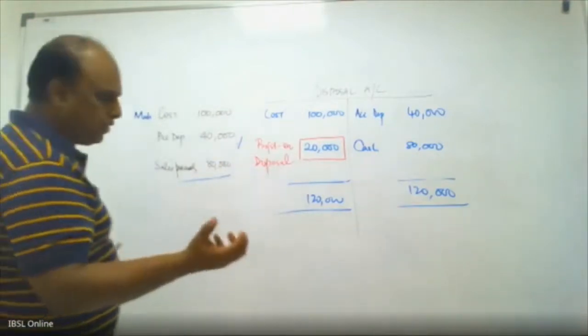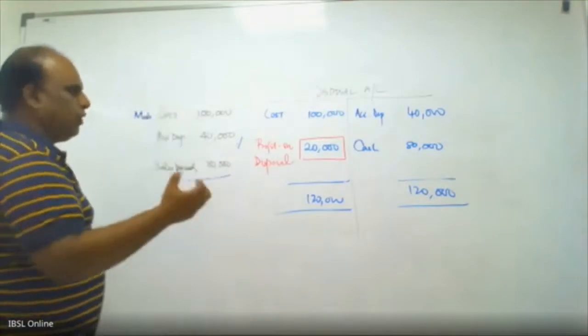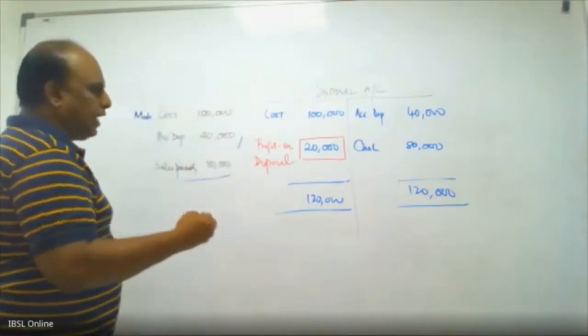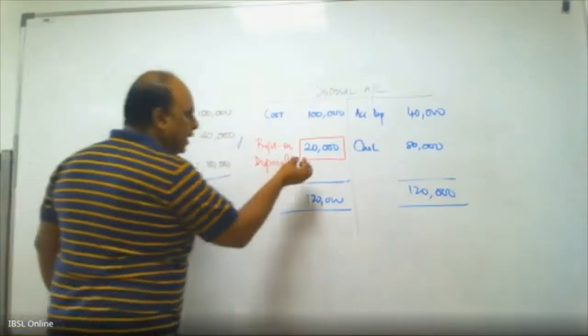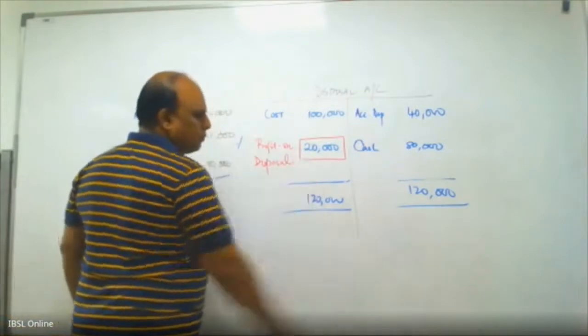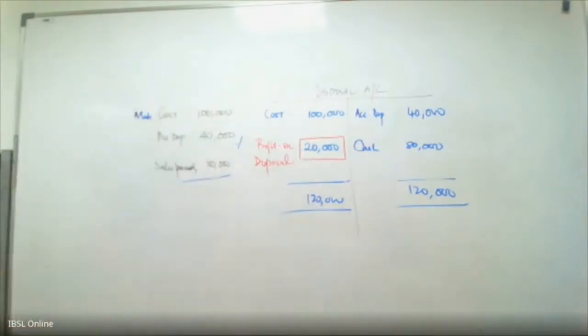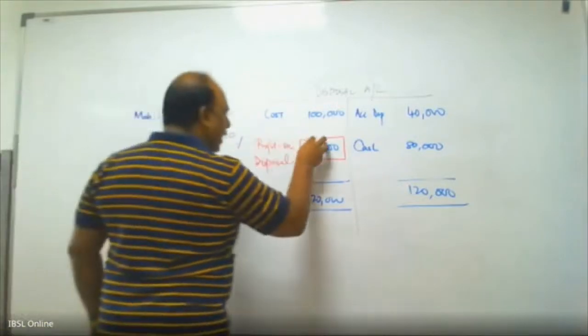For the cash flow, when you take the profit after tax, in your profit there is 20,000. Are we correct? You have a profit of 20,000. But is this the amount of cash that you received?